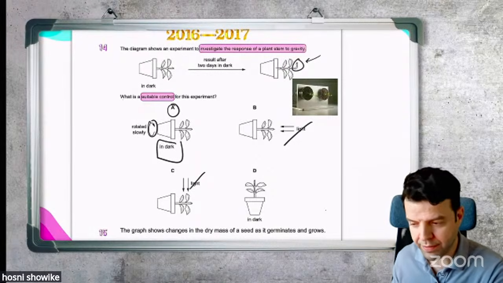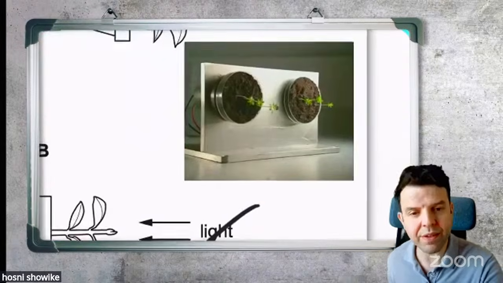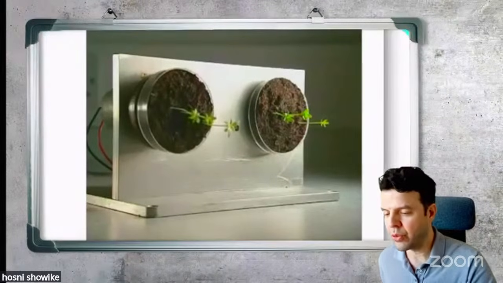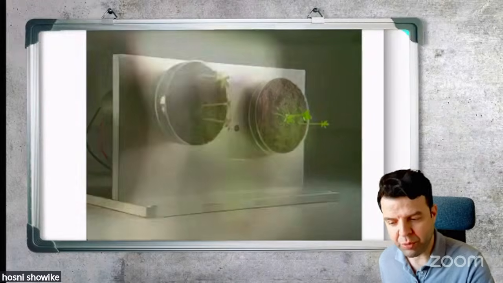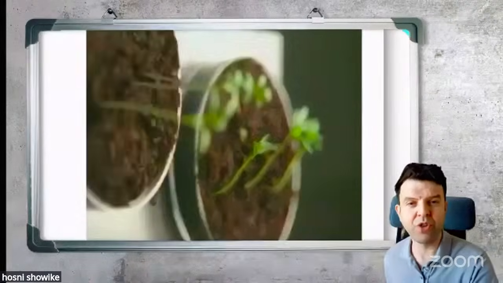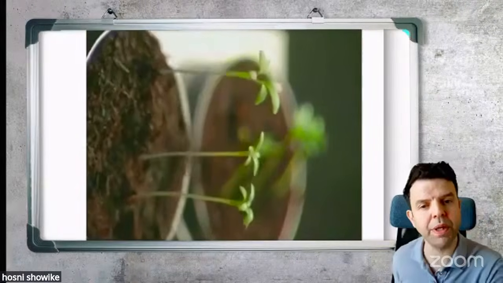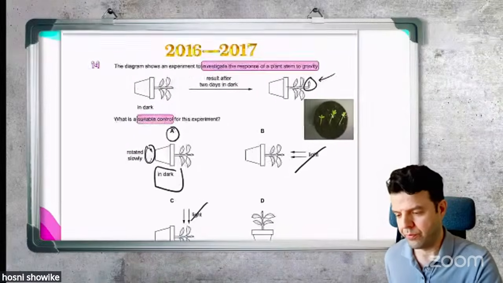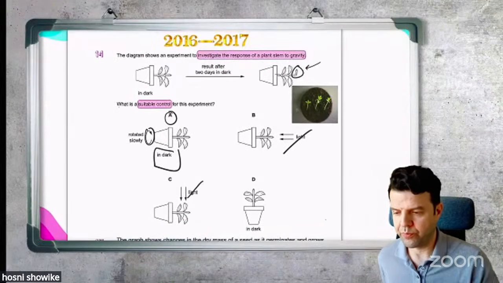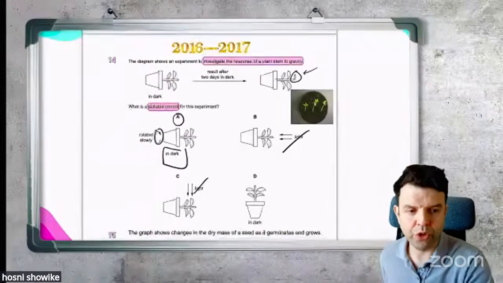Because when it rotates, you cancel gravity. As you rotate this one here, you cancel gravity. The plant is confused. It doesn't know where the gravity is coming from. It comes from all directions. Good?